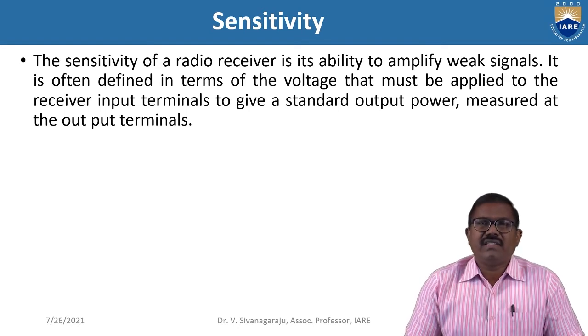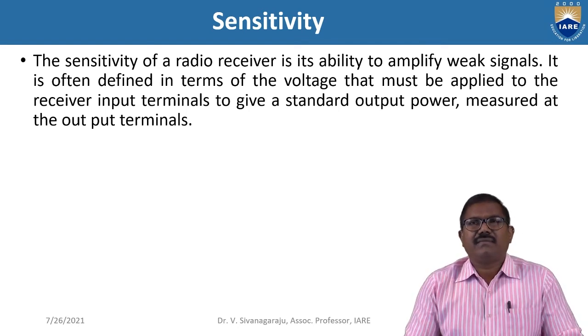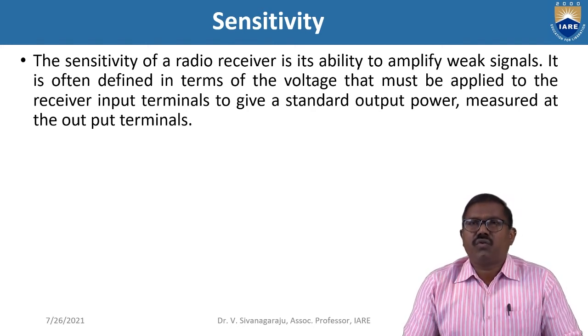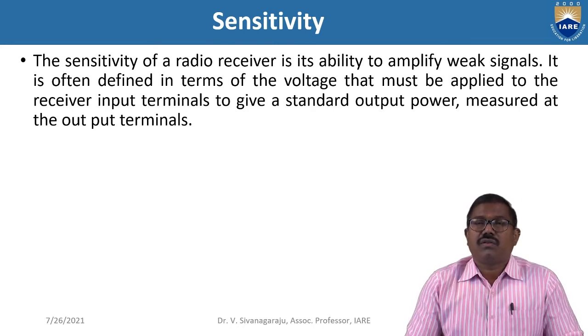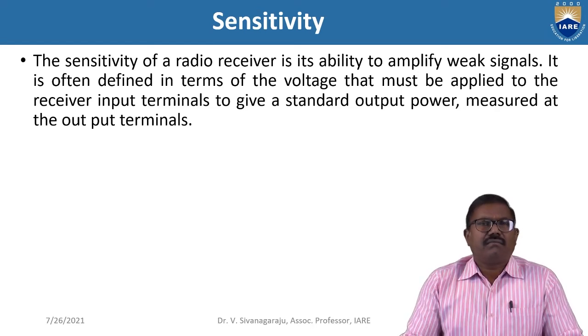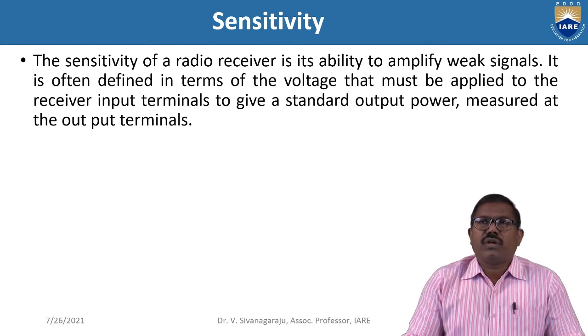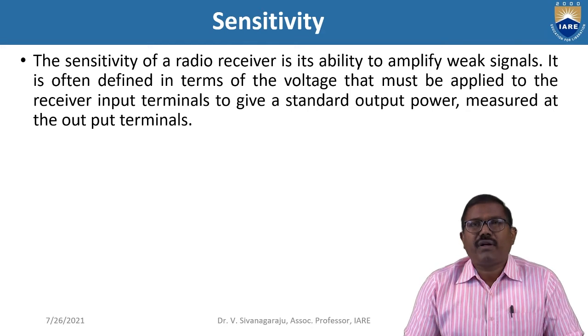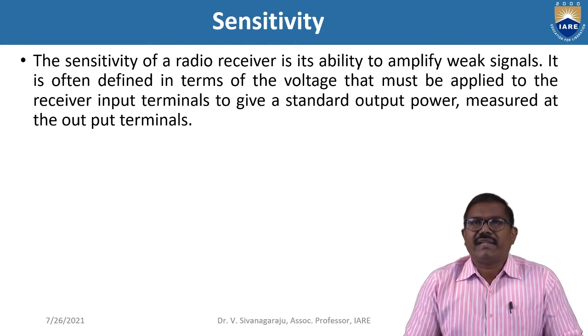Generally, any receiver gets a weak signal, in the range of milliwatts, microvolts. So very, very little signal is coming. That means a very weak signal we are going to amplify. So that is the important characteristic of the radio receiver.